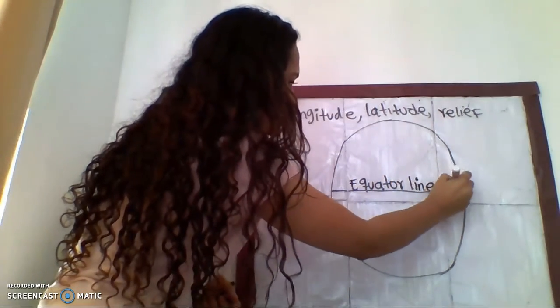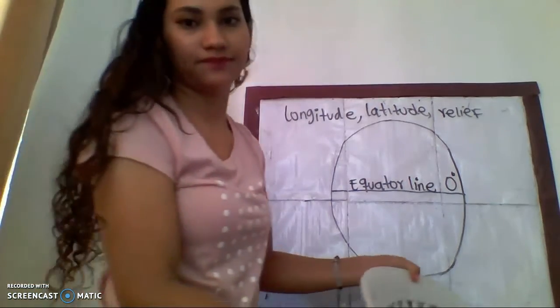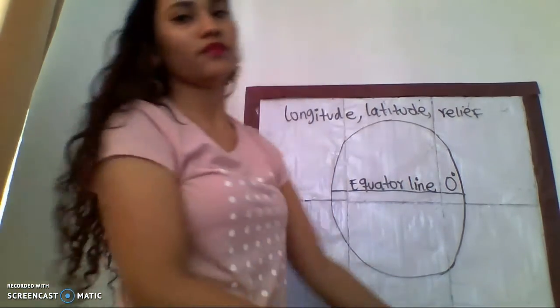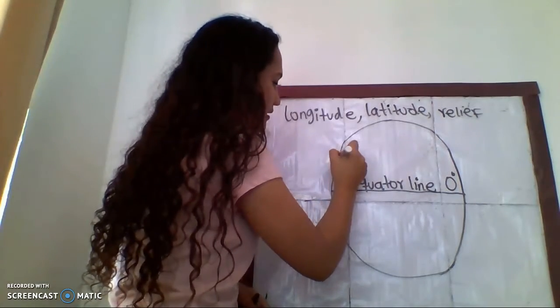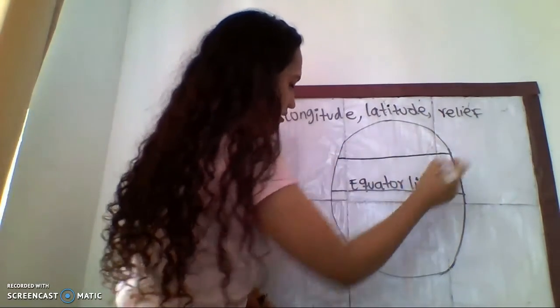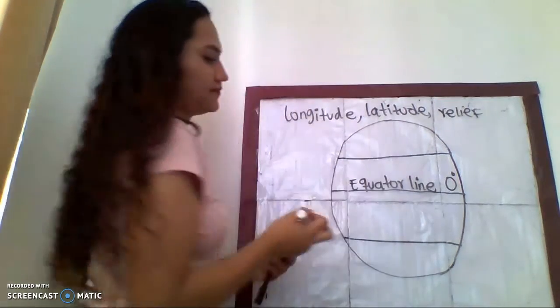And it is 0 degrees. 0 degrees, the equator line. The latitude is the lateral lines, like this, lateral lines. They are imaginary lines.